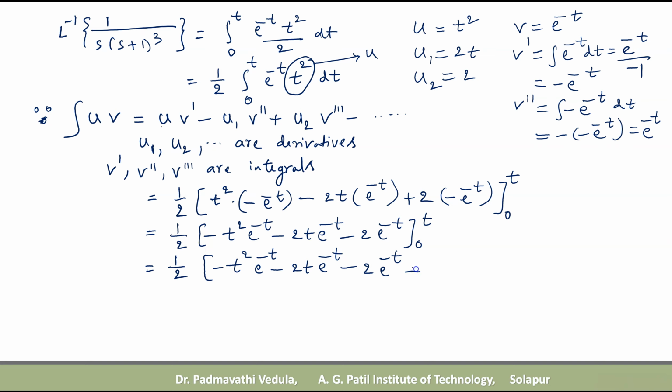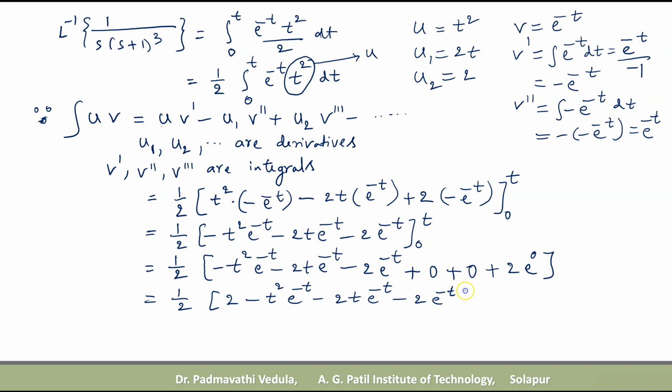So here plus, when you put t equal to 0, the first term becomes 0, even the second term becomes 0, but the third term is 2 into e power 0. As e power 0 is 1, we get 1 by 2 into, here 2 into 1. So 2 minus t square e power minus t minus 2t e power minus t minus 2 e power minus t. So this is the inverse Laplace transform of 1 by s into s plus 1 whole cube.